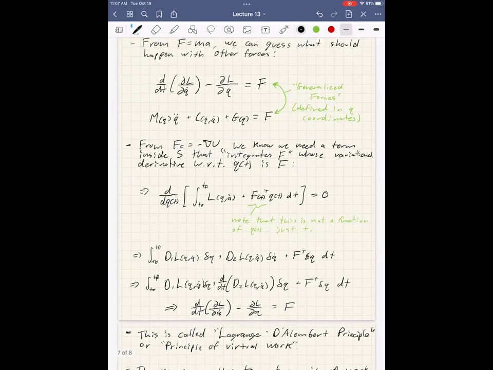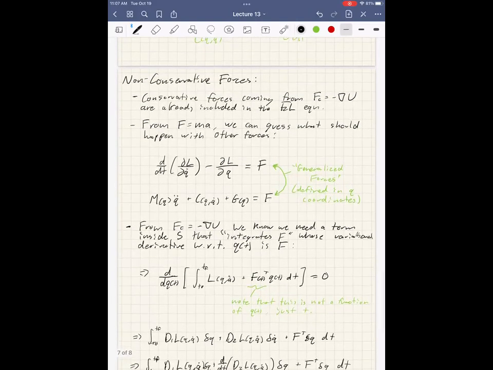Yes, this line, the second term. Where is the dq term?